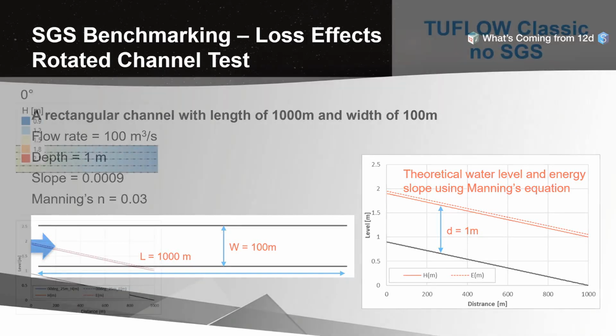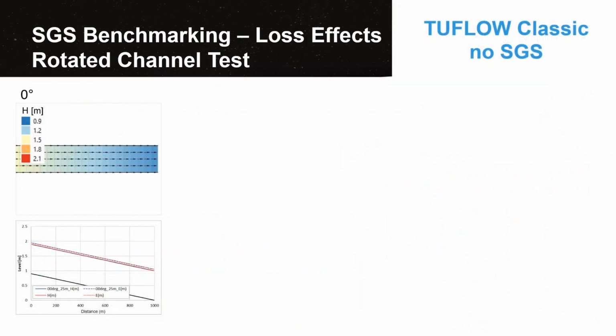If we create a TUFLOW model of the same test case, we can then compare its results against the target answer just using the Manning's equation. This result here is using TUFLOW Classic and the traditional cell schema. When the mesh is aligned with the channel, the model result matches the target answer really nicely.